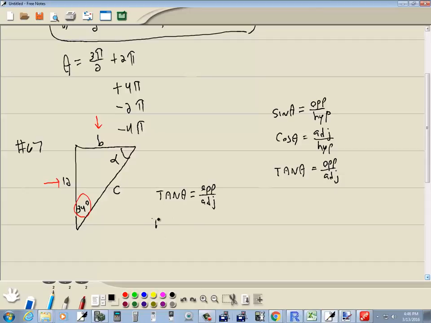So I got tangent of 34 degrees equal to opposite, which is B, over adjacent, which is 12. And multiply both sides by 12. And you get B is equal to 12 tangent 34 degrees. Now I'm not going to actually plug that in the calculator. That's kind of the trivial part.